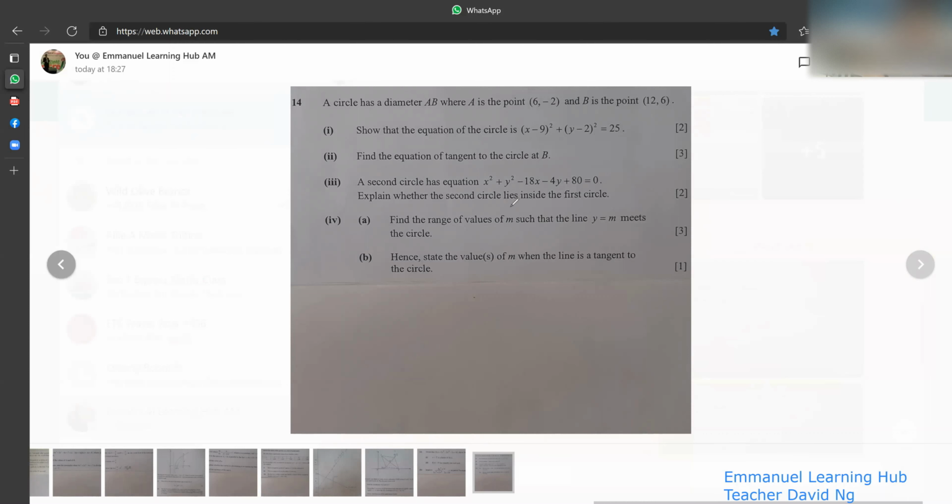Okay, then part 1, right? Show that the diameter AB, where A is the point (6, -2), the equation of the circle is this. Diameter is AB, so you find the midpoint of AB first.